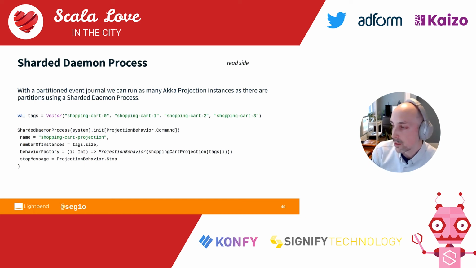Then this behavior factory is taking a projection behavior, which comes out of the projections library, and we pass the projection into it, and we pass this integer value, which represents the ID of that sharded daemon process. That ID is basically just a number from 0 to the number of processes we have. So we can use that to determine which set of tags we want to stream for that instance.